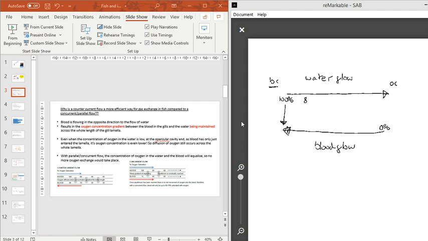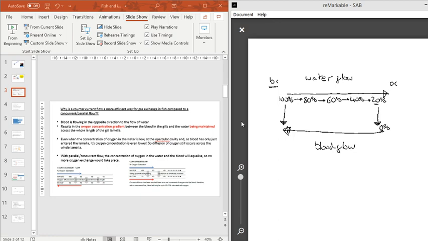So as that oxygen is diffusing, the amount of oxygen in that water becomes less and less as you go along it. But because this side had 0%, even though there's now only 20% of oxygen right by the opercular cavity end, that is still a concentration gradient, which means diffusion can still take place.